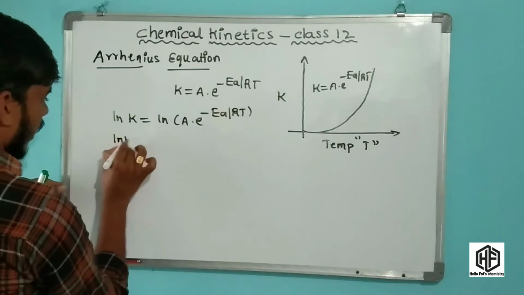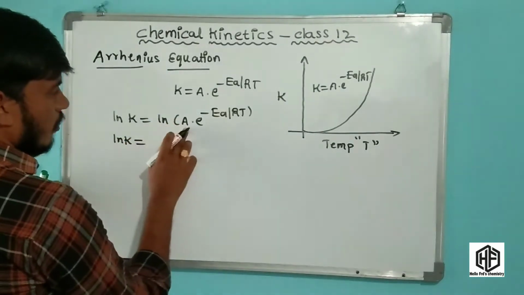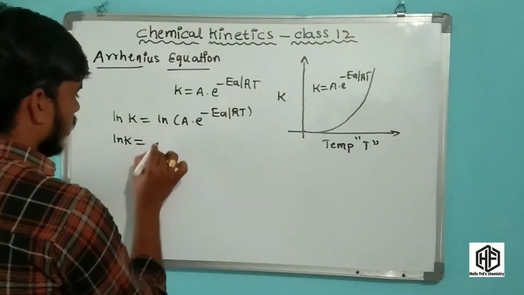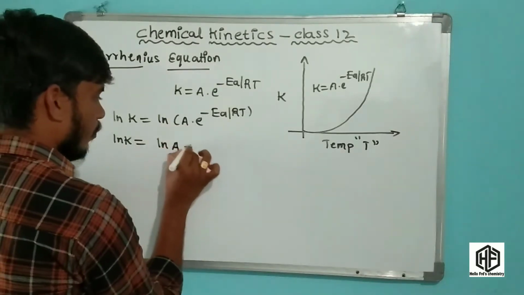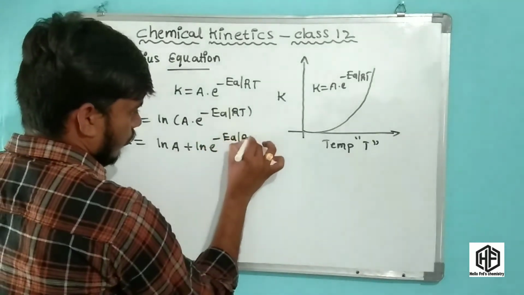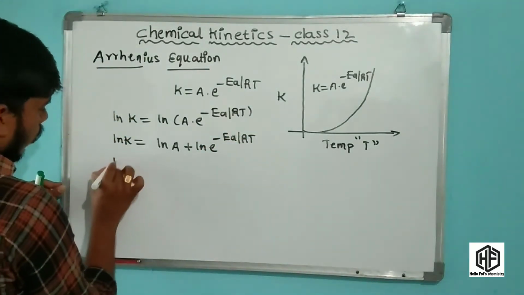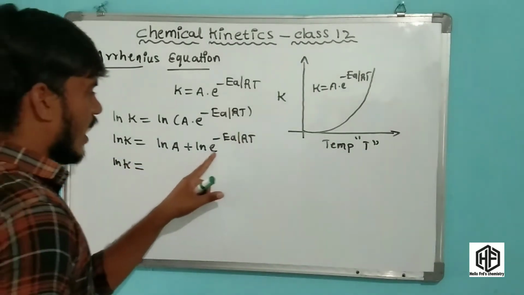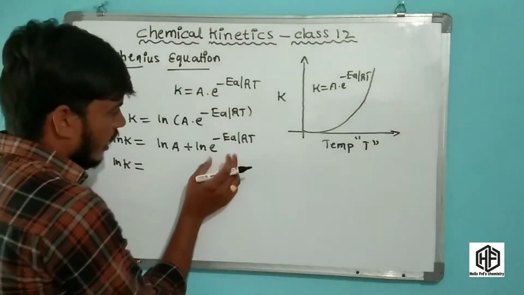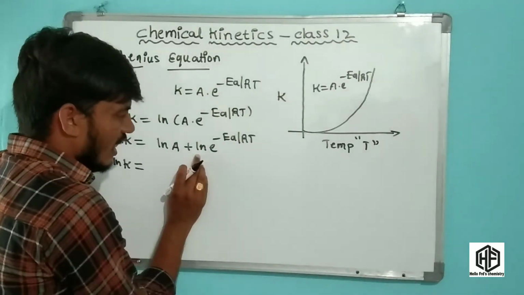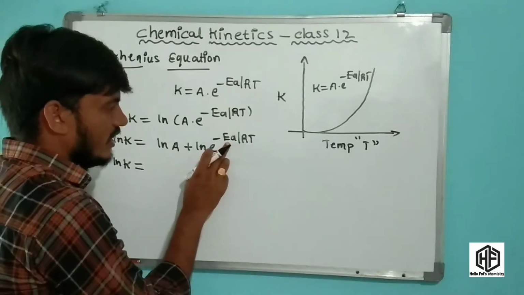Now ln of a times b is ln a plus ln b, so ln k is equal to ln A plus ln e power of minus Ea by RT.